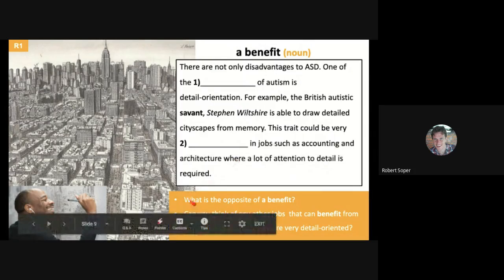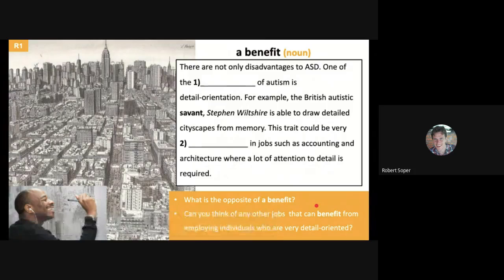Does anyone know what the opposite of a benefit is? Think about that. What is the opposite of a benefit? Well, if a benefit is something that gives us an advantage, then the opposite of a benefit is a disadvantage.